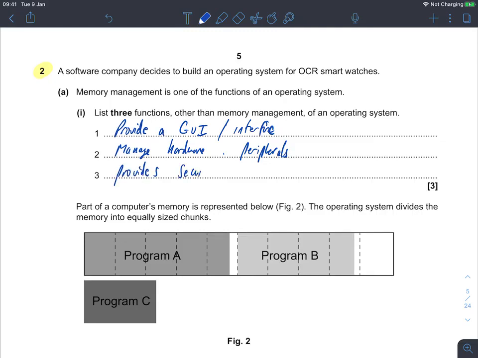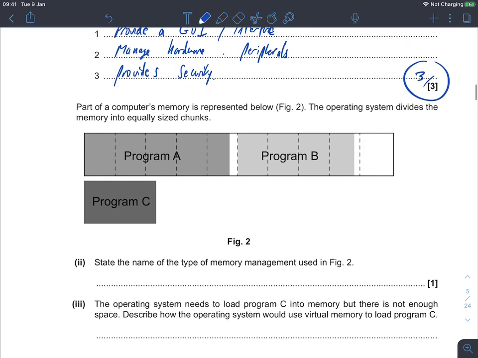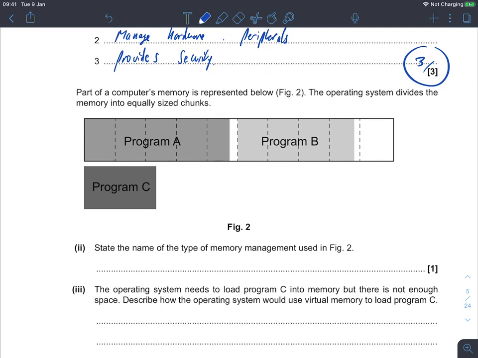Now, of course, you could have put manages memory, it manages CPU usage, and it handles interrupts, lots of different things it handles. So as long as it's one of the functions, you're going to get a mark for that, and that's 3.